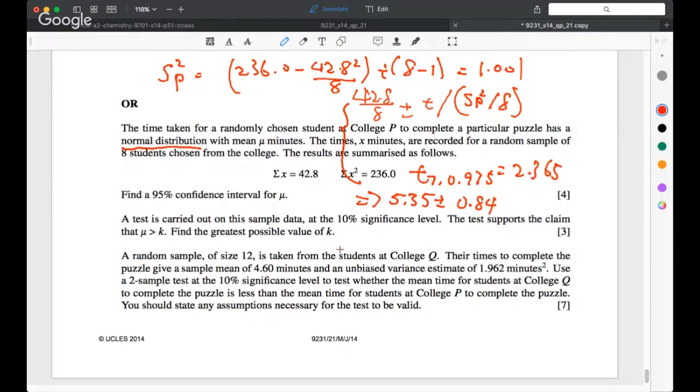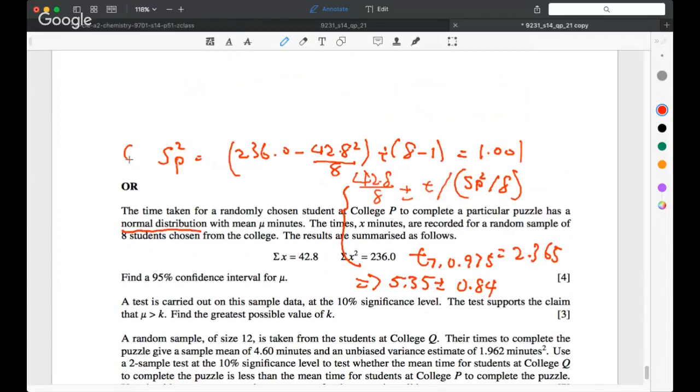And now a test is carried out on this sample data. At the 10% significance level, the test supposed to claim that mu is greater than k, find the greatest possible value of k. Well, we need to solve for k max.